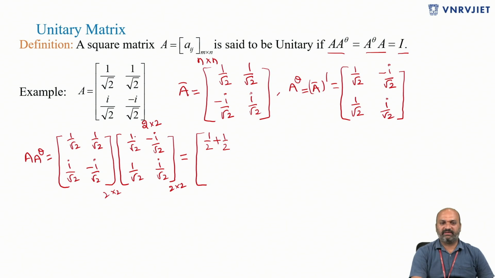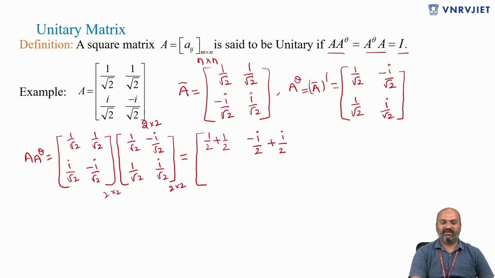Next, the first row, second column element: multiply the first row elements with the second column of the second matrix. 1 by root 2 into I by root 2 minus I by root 2. Root 2 into root 2 is 2, so it is minus I by 2, plus I by 2.